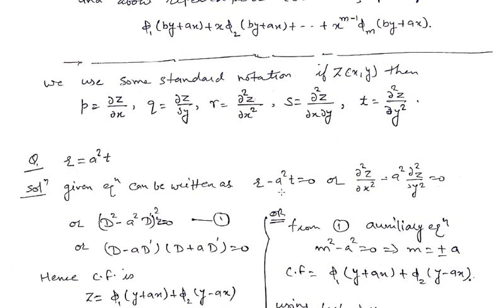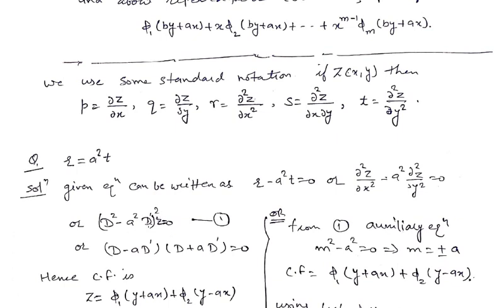Or we can rewrite it as ∂²z/∂x² − a² ∂²z/∂y², as r is ∂²z/∂x² and t is ∂²z/∂y². Taking ∂z/∂x as D and ∂z/∂y as D′, we can rewrite the given equation as D² − a²D′² = 0.